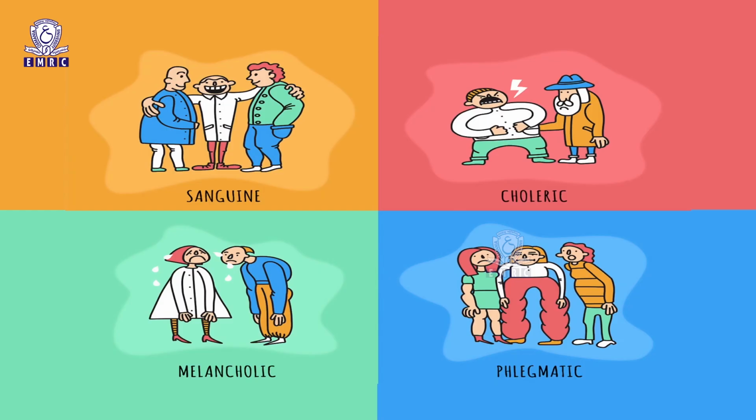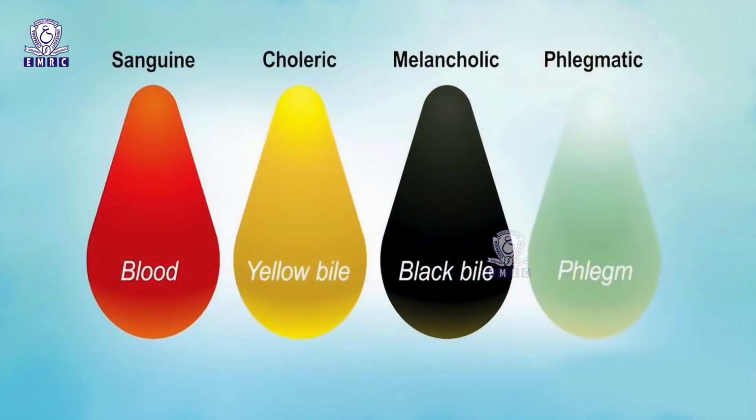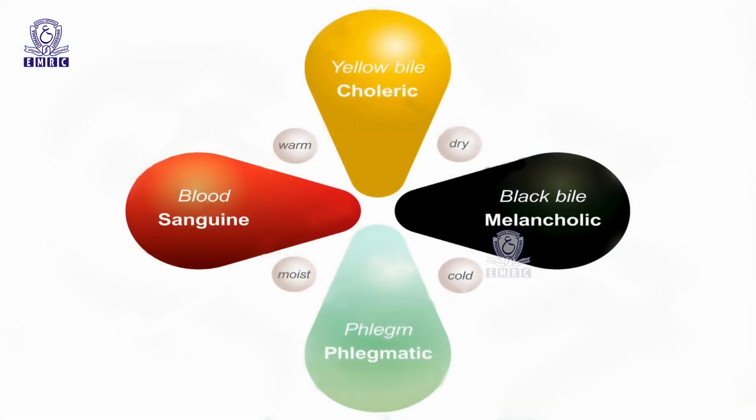Each of these categories was also associated with a bodily fluid. Sanguine is associated with blood, choleric types with yellow bile, melancholic with black bile, and finally phlegmatic type is associated with phlegm. This type was thought to represent the type of fluid most predominant in the individual.